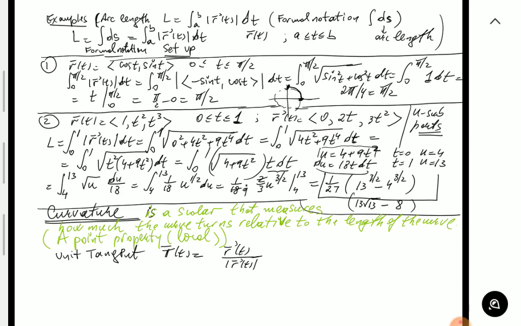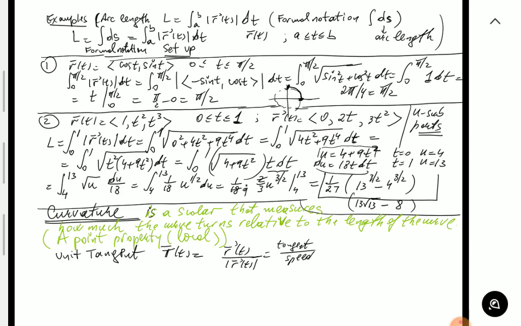Remember, the magnitude of r prime is the speed. So you divide the tangent vector over the speed, and you basically disregard the magnitude of r prime and just leave the information that relates to the direction of motion. The unit tangent tells you in which direction along the curve the motion goes.